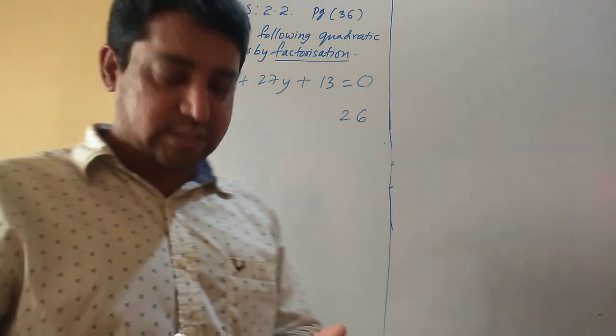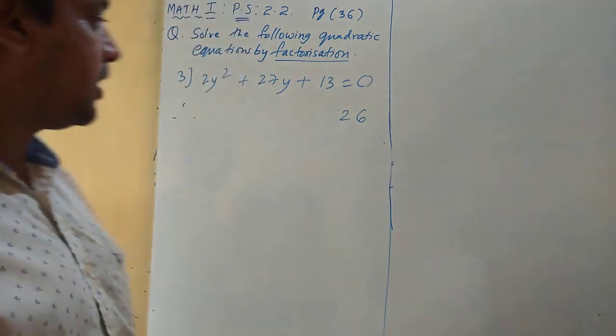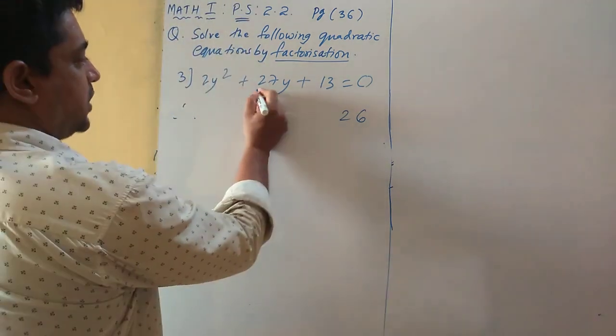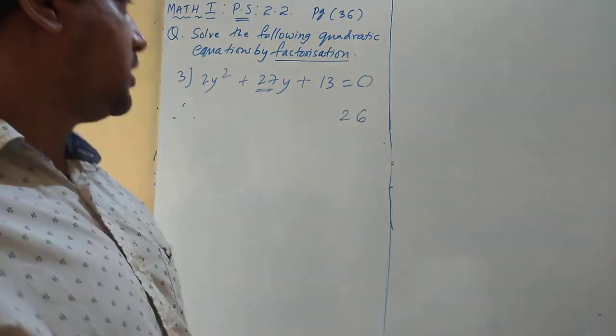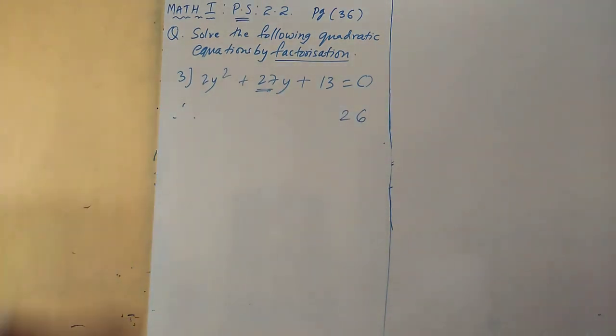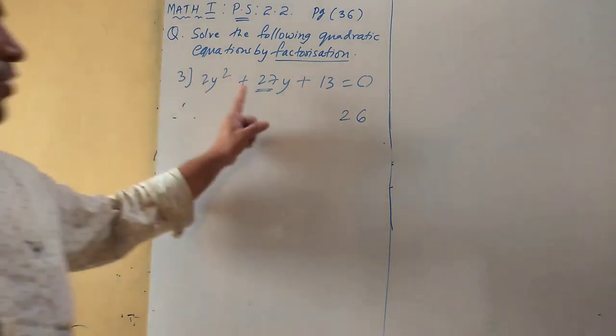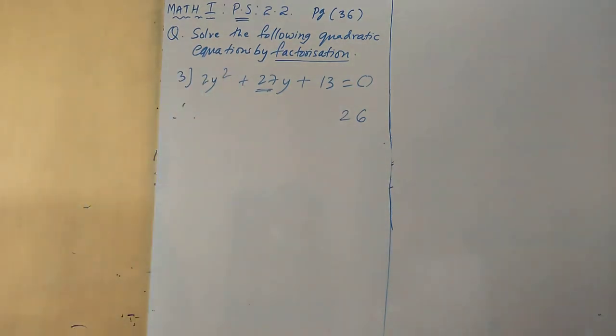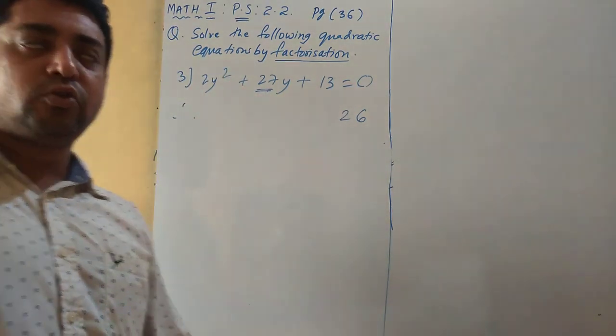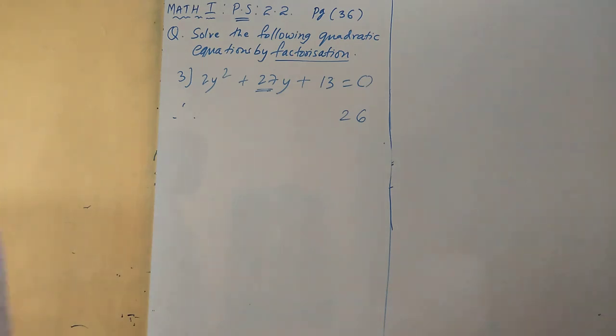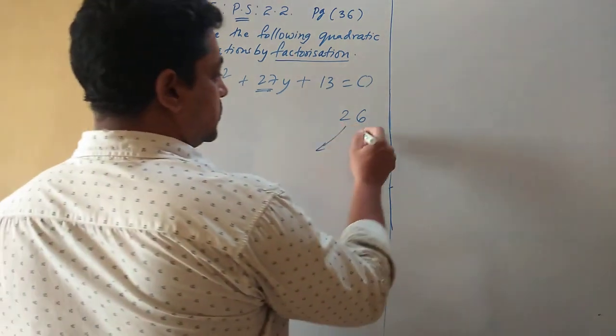The middle term has the number 27y. That means you have to split 27 in such a way that when you add it, you get 27, but when you multiply it, you get 26.